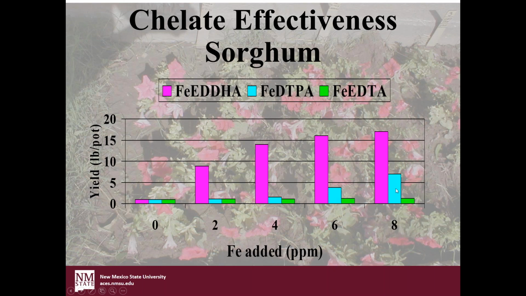So even at the DTPA, at an application of 8 parts per million, that pH is just too high for it to have full effectiveness. So it does matter for our fertilizers what they are.